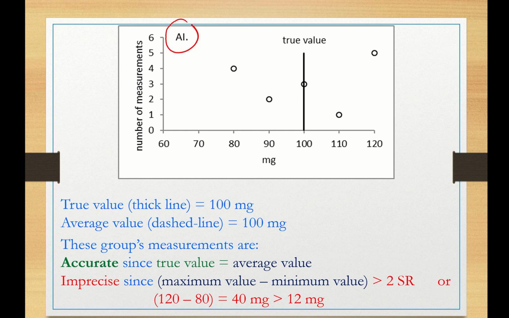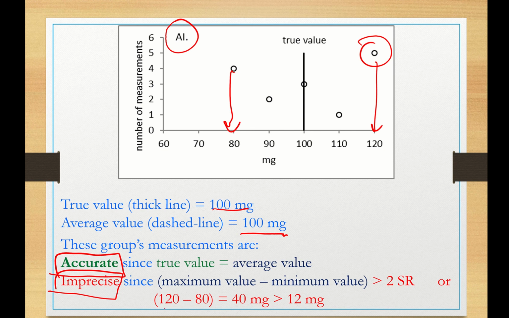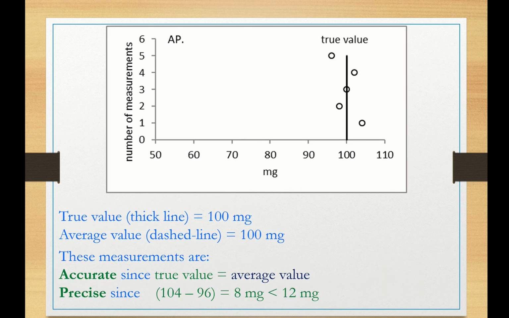The third group, AI, the average value is 100, identical to the true value, and therefore these measurements are accurate. They are imprecise, however, because the biggest value is 120, the smallest value is 80. That's 40 greater than 2 SR, therefore imprecise.